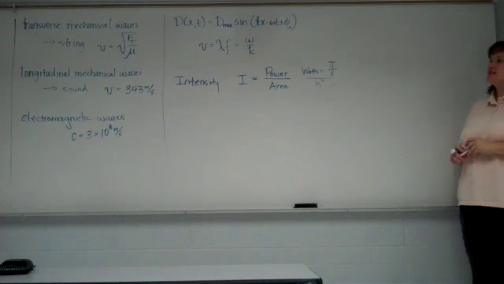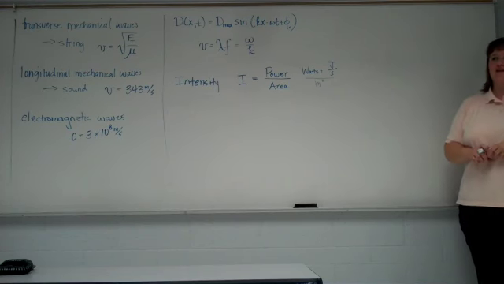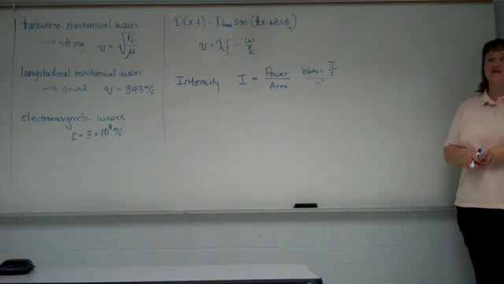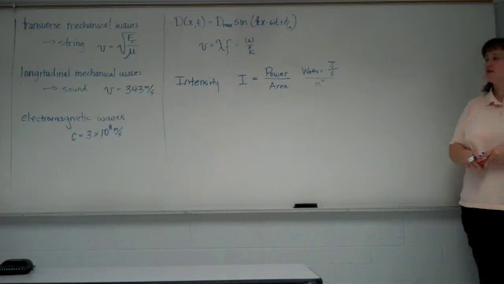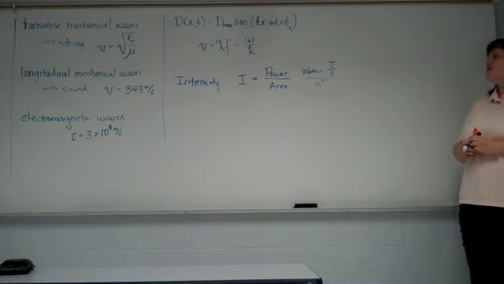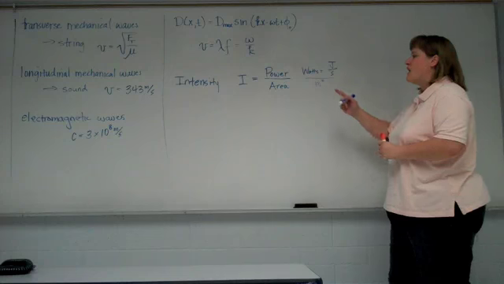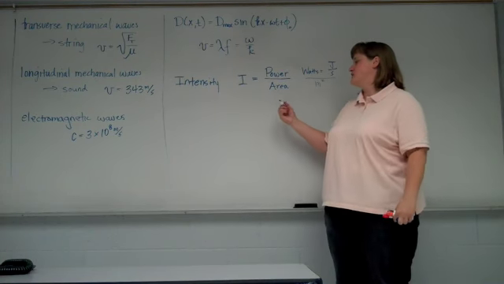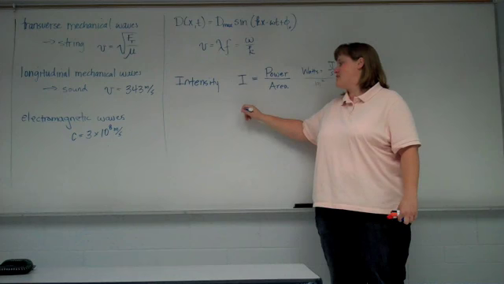Now, a sound intensity would be related to how loud it is. The sound would be more intense the louder it was, and less intense the quieter it was. It turns out with sound, intensity values are a huge range.